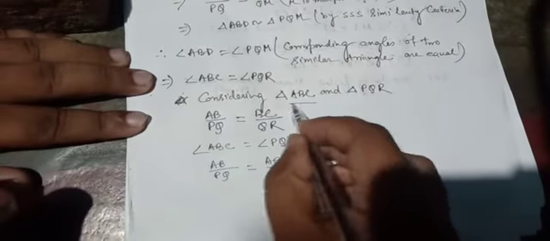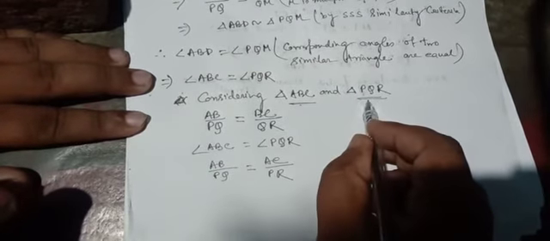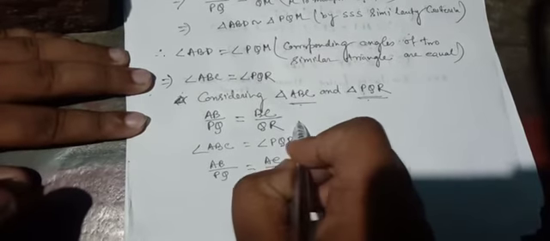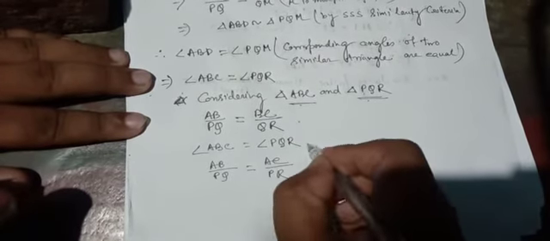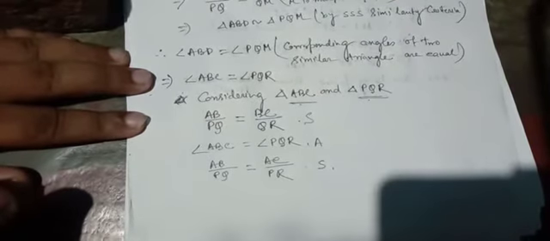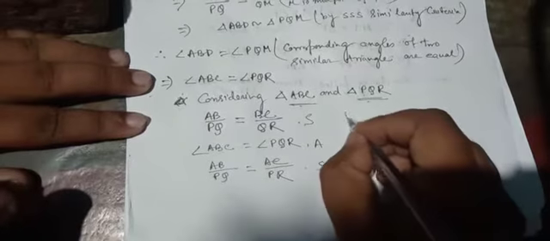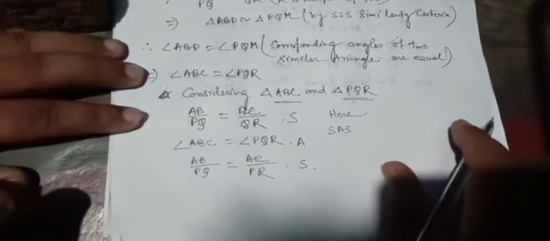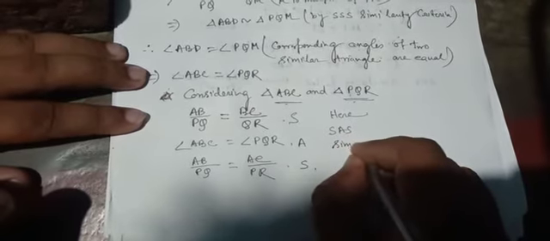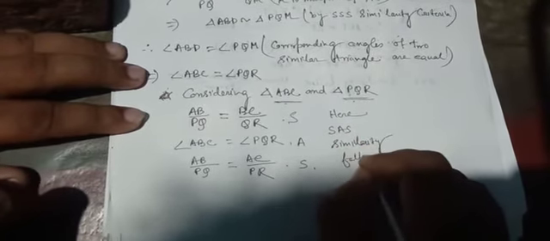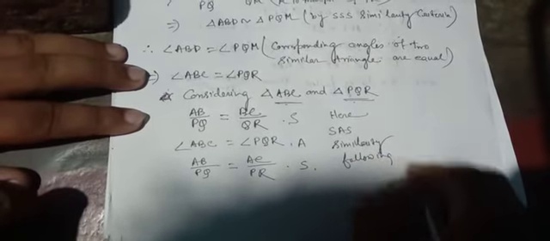So in ABC and PQR, side, angle, side, so SAS similarity follows.